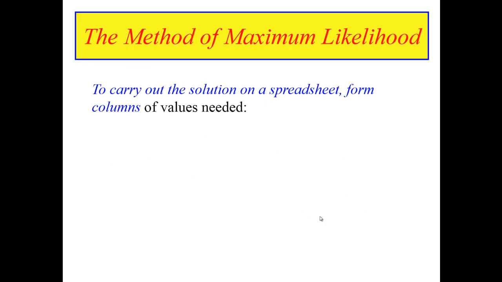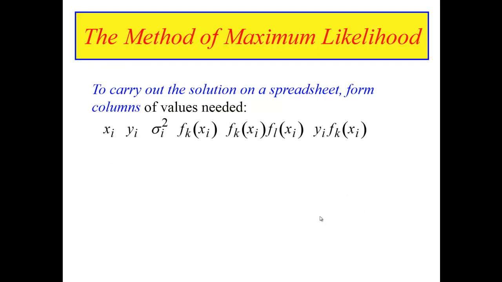So to carry out that kind of a solution on a spreadsheet, you would form columns of the values needed. Of course, the first simple columns would be the data points themselves, the independent and dependent variables, the error in the dependent variable, and then these terms would all represent the value of that particular term in the fitting function for the data point x sub i.